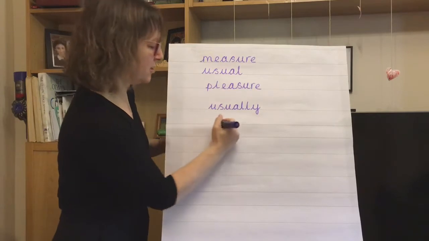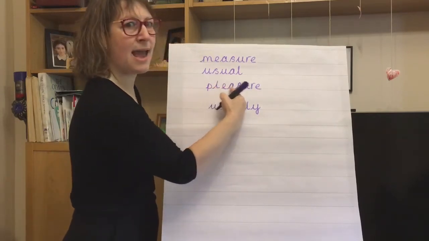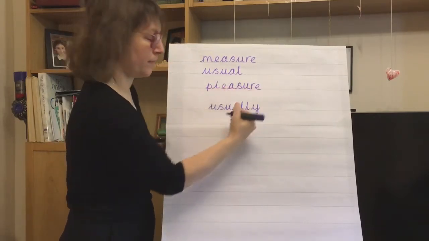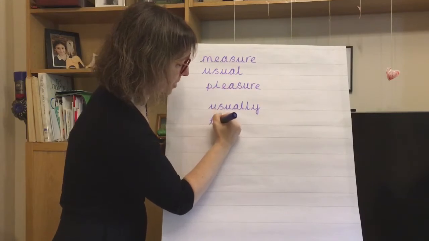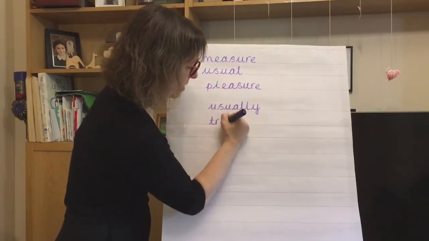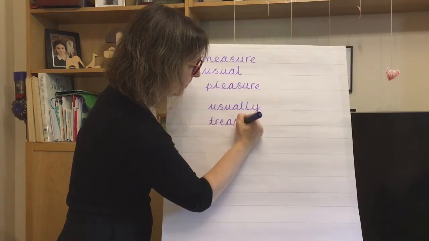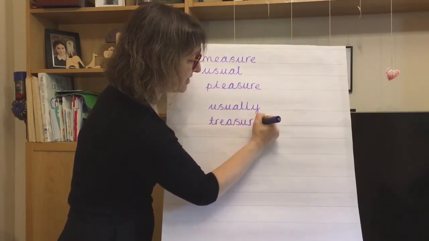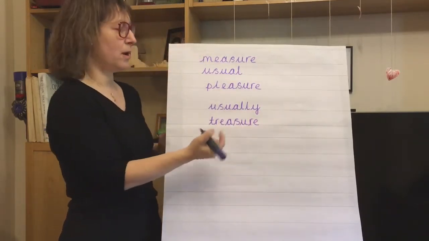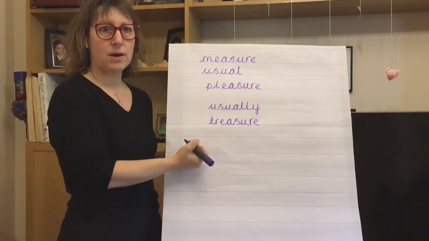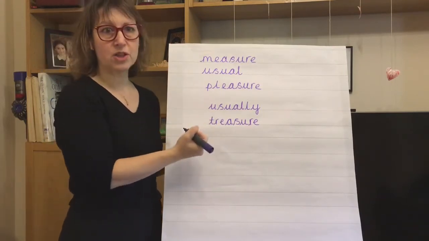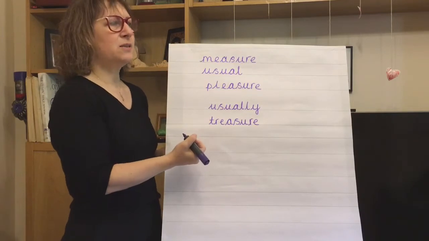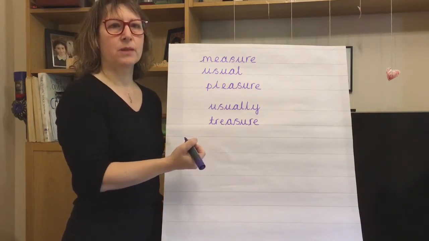I just need to change the beginnings. Instead of saying pleasure, it's treasure. So I'm just going to put my tr and then copy what I've done before. I didn't even really have to learn that one because it was so similar to the one I'd done before. Treasure.